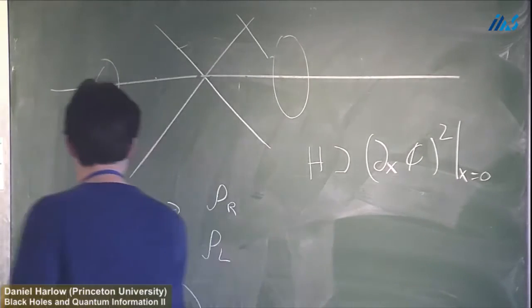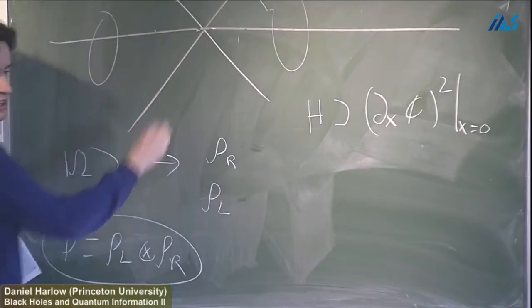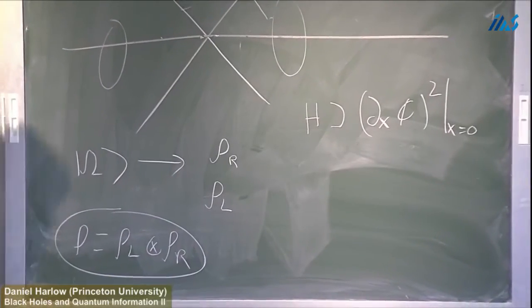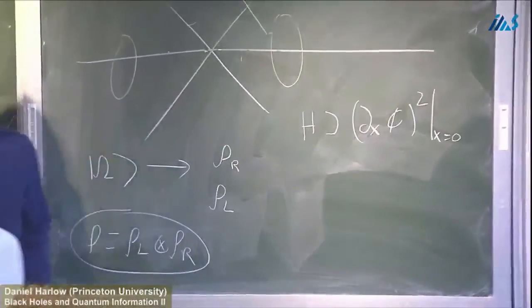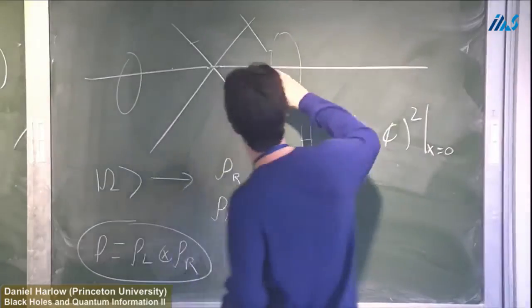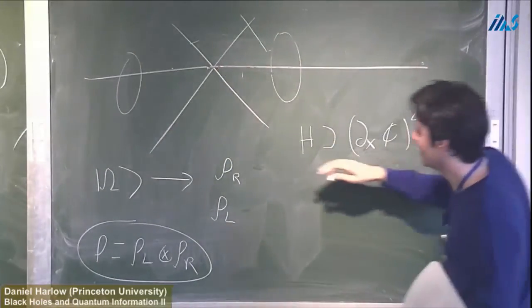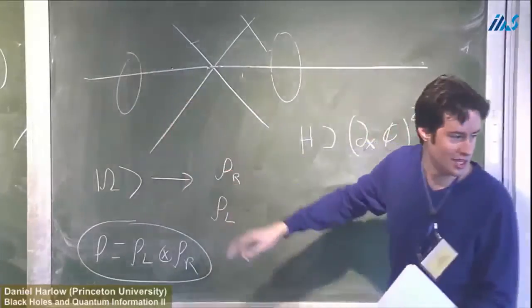So if we're in this kind of state, then the field here is going to be completely uncorrelated with the field here, which means that generically this term is going to be very large, okay? Which means there's got to be a ton of energy in this state. But where's all the energy? We just argued that if you stay out here, there's no energy, so it can't be here. And if you stay out here, it just looks like the vacuum.